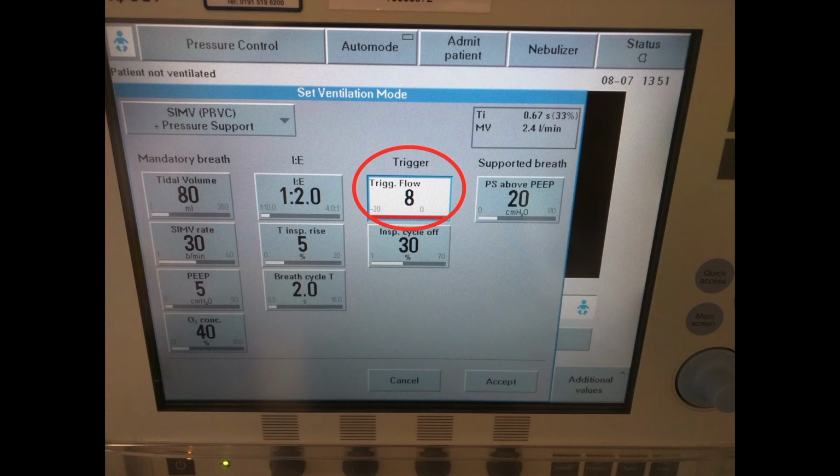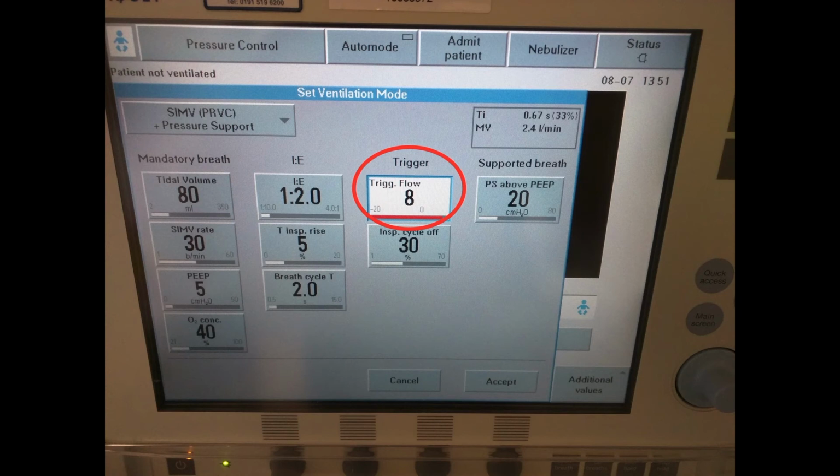The other circumstance you get is where the ventilator thinks the patient is trying to take breaths when they're not. And you can determine this. It looks like the patient's breathing along at 80 or 100 on the ventilator, but when you take them off and put them on the bag, they're only breathing at 30 or 40. So the ventilator is interpreting something is triggering the breath when the patient isn't.